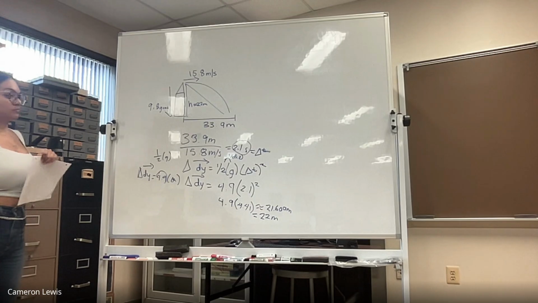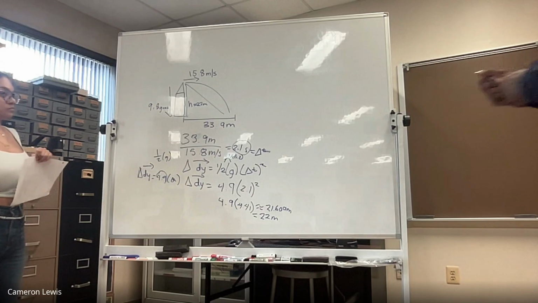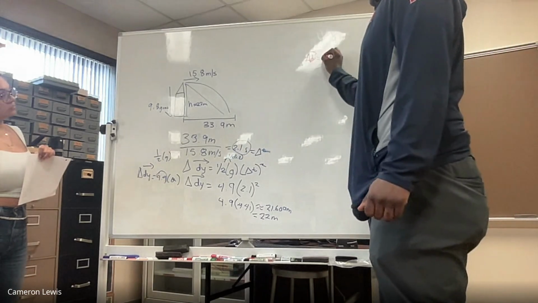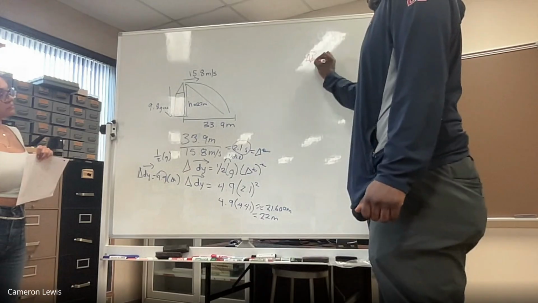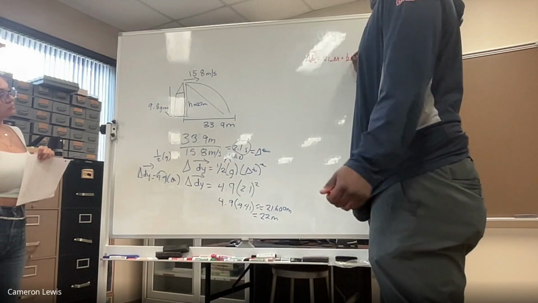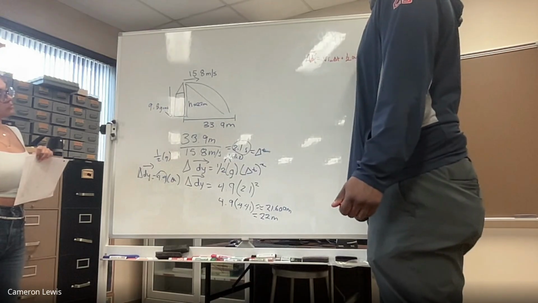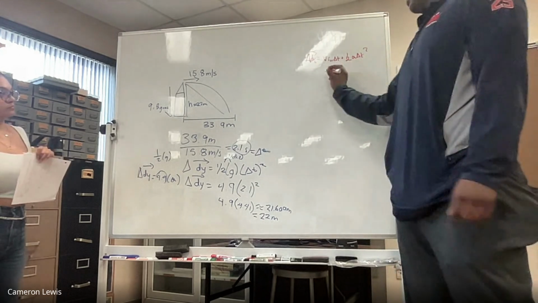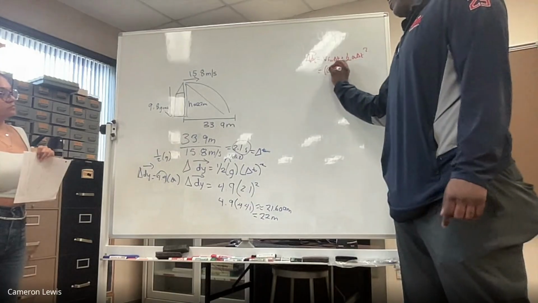So when you start off, you actually start with the first kinematic equation, where the displacement is equal to the initial velocity in y times the time, plus 1/2, technically whatever acceleration that is, times time squared, right? We know the initial velocity is 0 because we're in free fall.